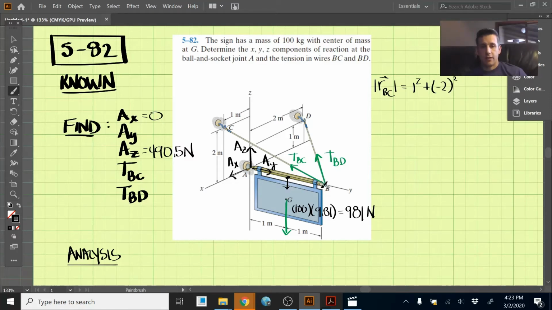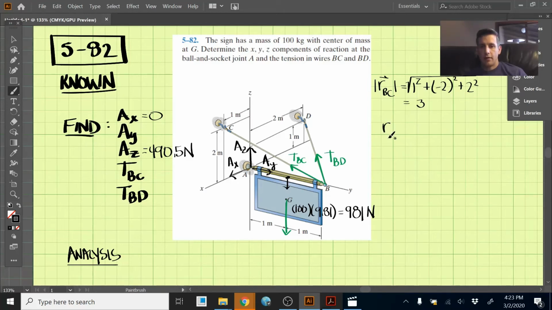And lastly, in the Z direction, moving from B to C, it is 2 up, so that is +2 squared. And then we take the square root of all that. So we have 1 plus 4 plus 4, which is the square root of 9, which is 3.